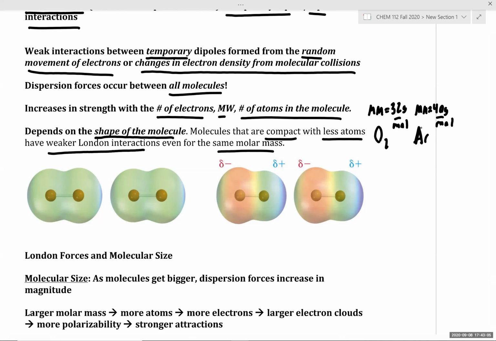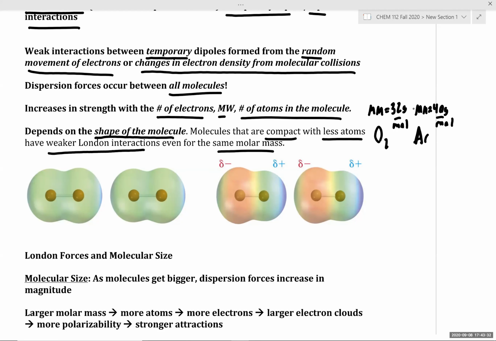We can't generate as large of a temporary dipole, as large of a separation of charge, and we don't have as large of a surface area for interactions. And as a result, noble gases such as argon, in general, have very weak intermolecular forces and very low boiling points. That's why the noble gases overwhelmingly exist as gases.